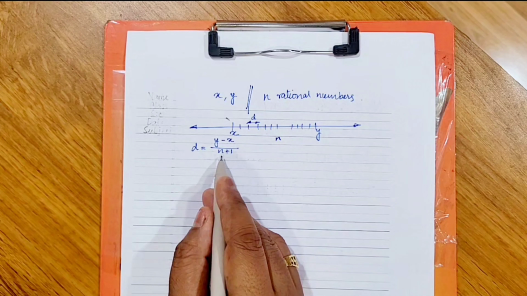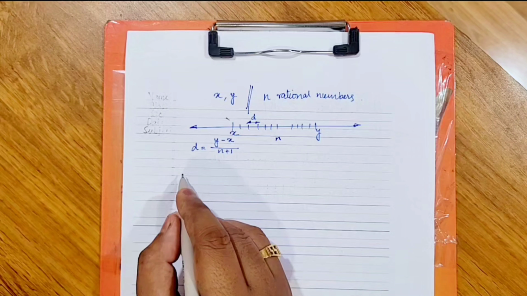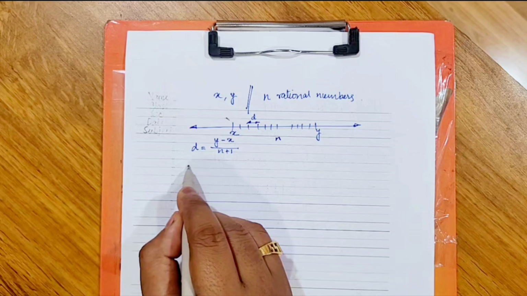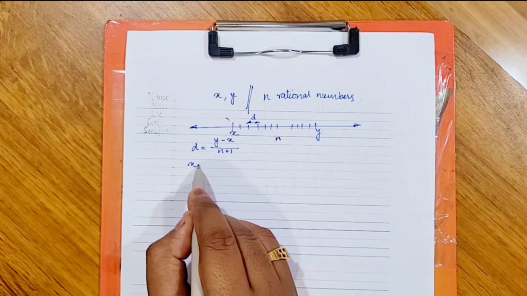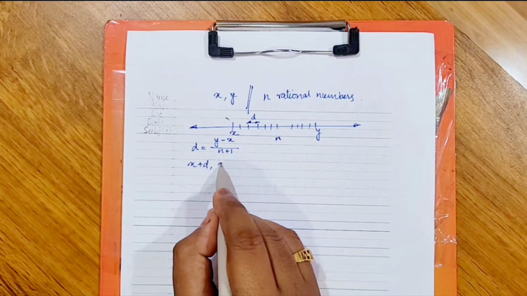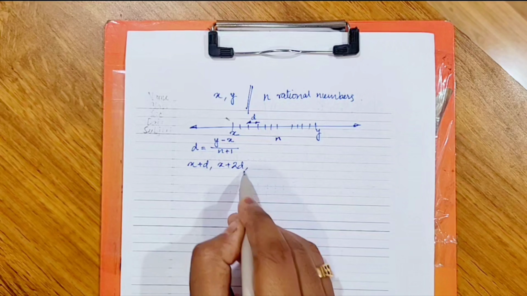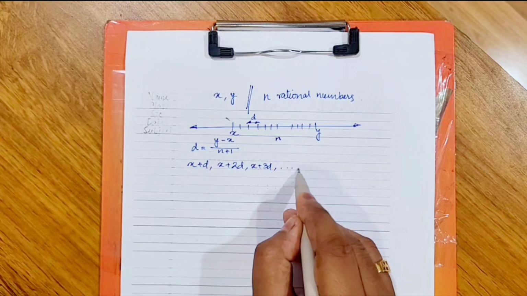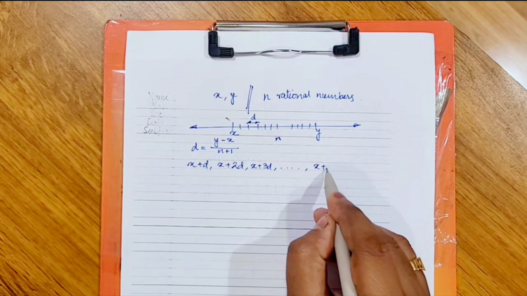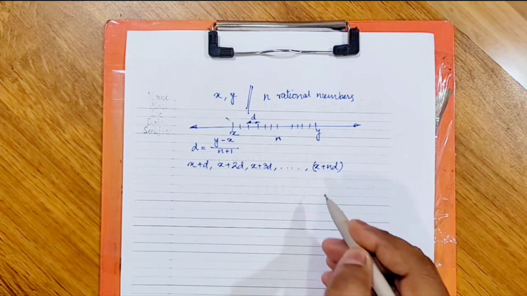And once you find that out, the numbers that you are looking for can be denoted as x plus d, x plus 2d, x plus 3d, and so on until x plus nd.